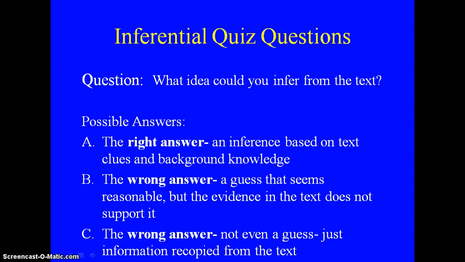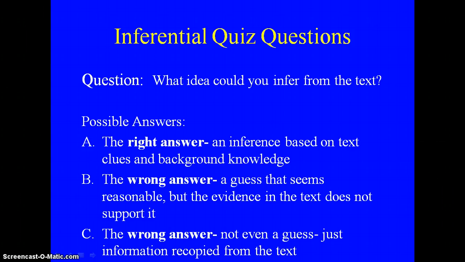Here's an inferential quiz question. What idea could you infer from the text? Some possible right answers would be an inference based on text clues and background knowledge, meaning that you're pulling your information from what you read.